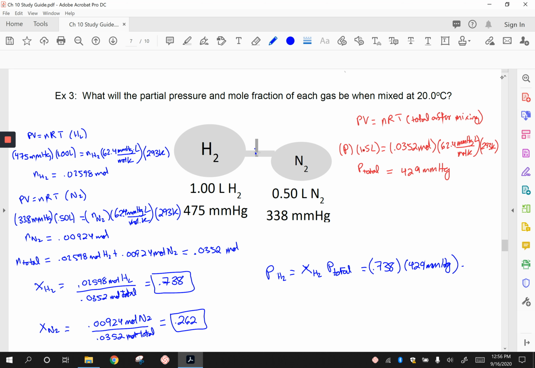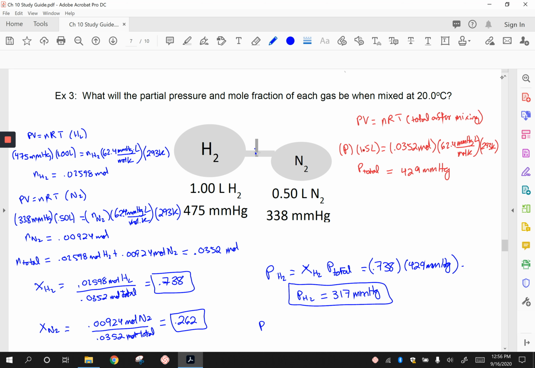And so this partial pressure of hydrogen is going to be equal to 317 millimeters of mercury.